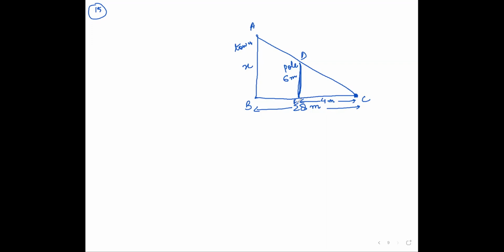Yes, Rida, any response? How can I find it? See, it's so simple. Look here carefully, both of you. You have two triangles, right? Let's say this is your one triangle. Yes, Rida? Yes, ma'am. Okay, and then you have another triangle. Yes, Hamna? Yes, ma'am.